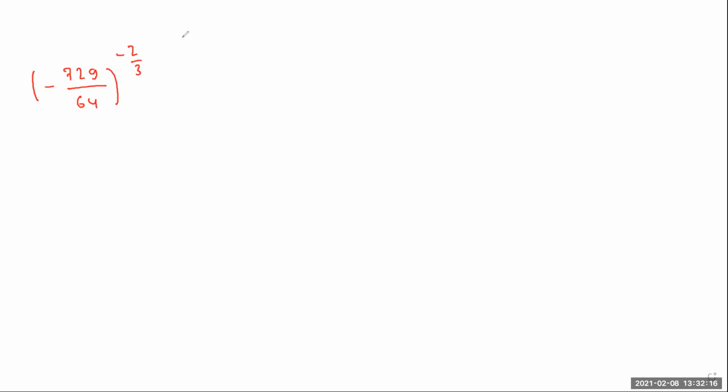So whenever you have this situation, if you are not good in the concept, I always encourage you to do this. The negative, you have to convert into -1. So just distribute all the exponent into all the factors, including -1.